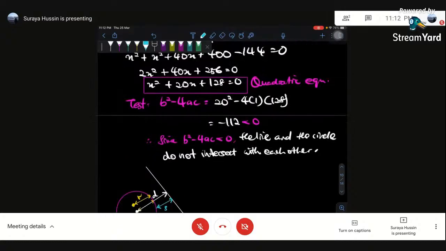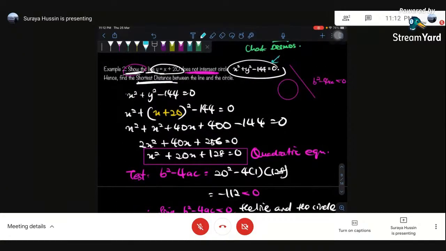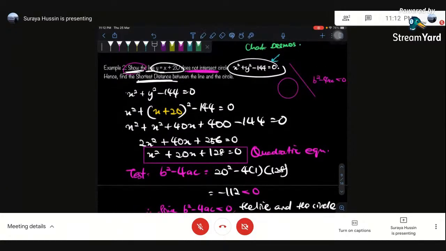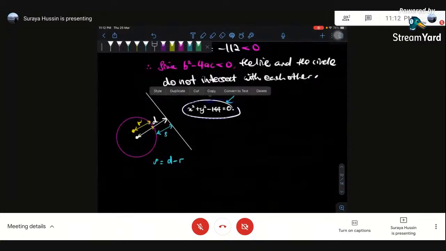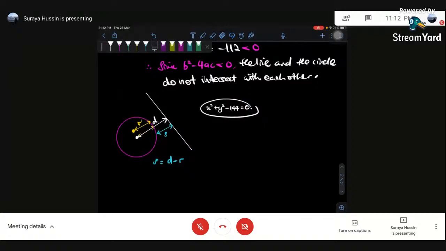And you mesti ingat balik equation circle kita sangat simple. Equation circle kita, let me copy this. Duplicate. So this is our equation of circle. Okay, this is equation of circle. So equation of circle kat sini sangat penting sebab kita boleh tahu kita punya center daripada sini.